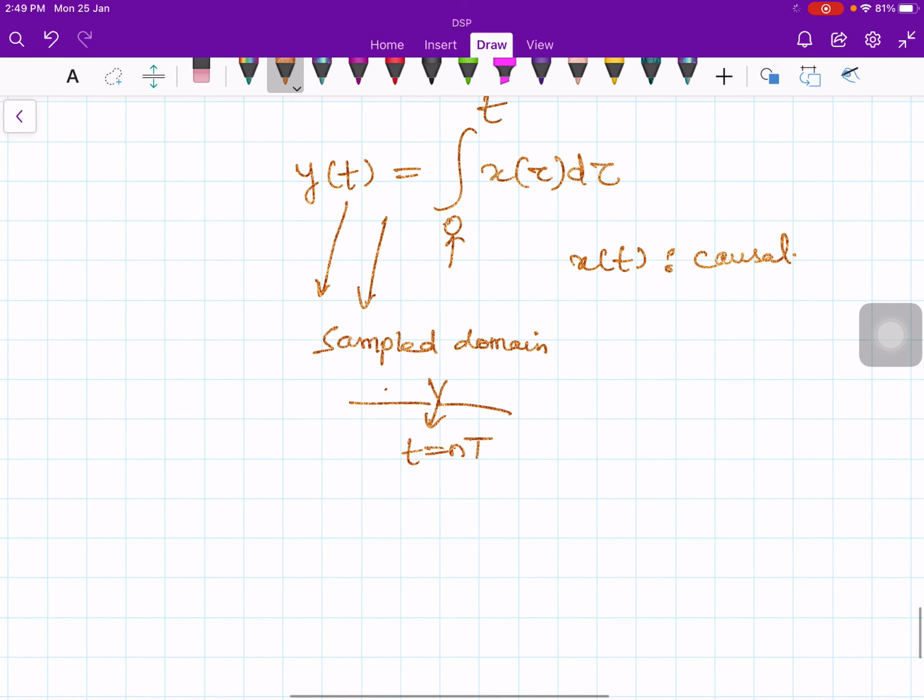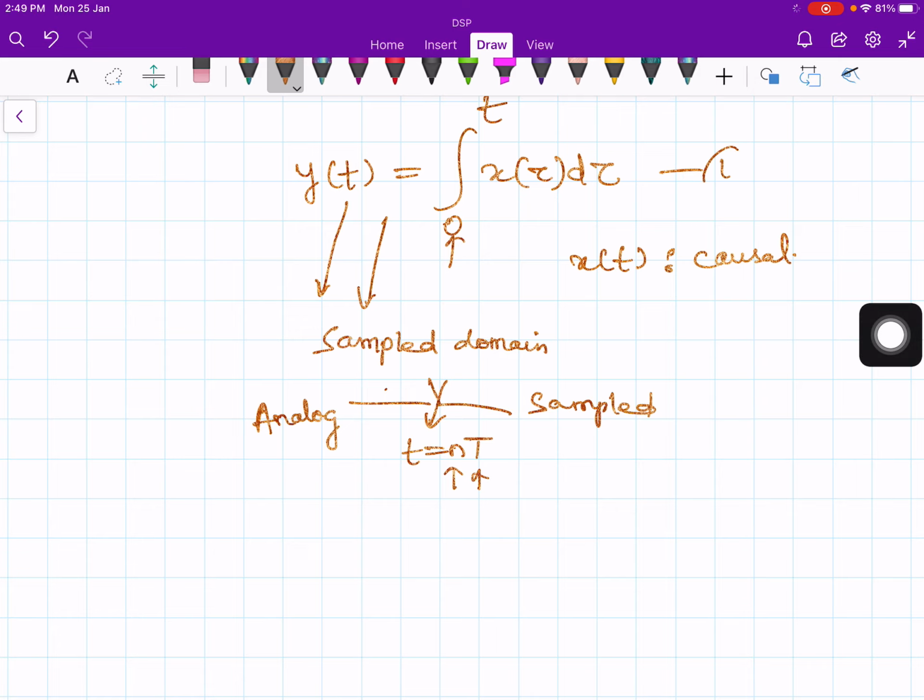Here is the analog signal and here the sampled signal. You take the samples at regular intervals, that is 0, 1, 2, 3 like that. Substitute n equal to 1, 2, 3, 4 like that, and normalize capital T to 1. It can be 1 nanosecond or 1 microsecond or whatever it is.